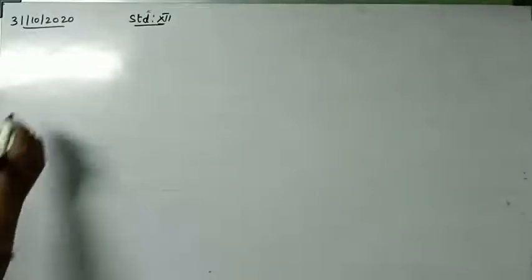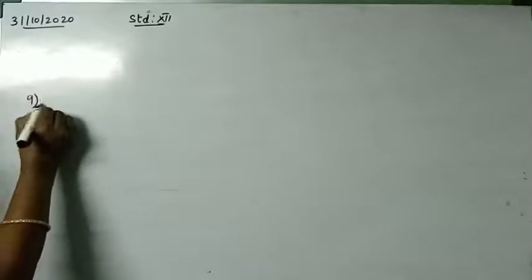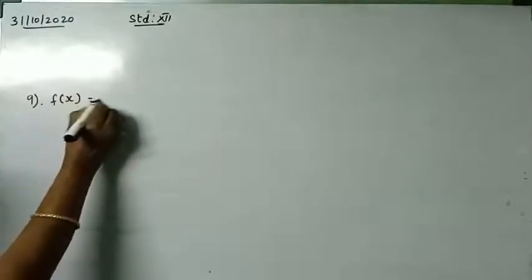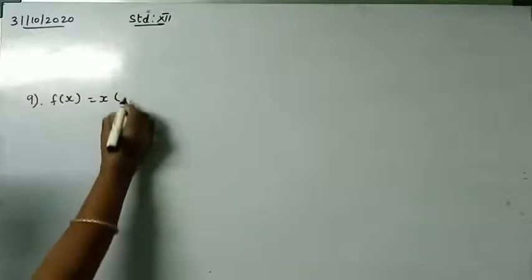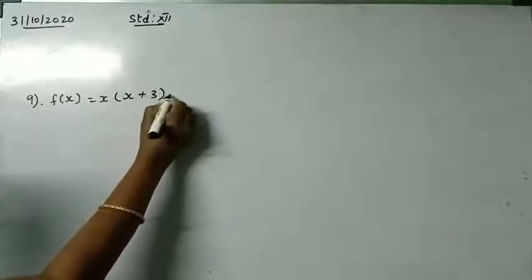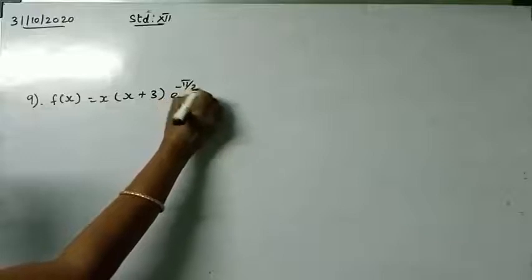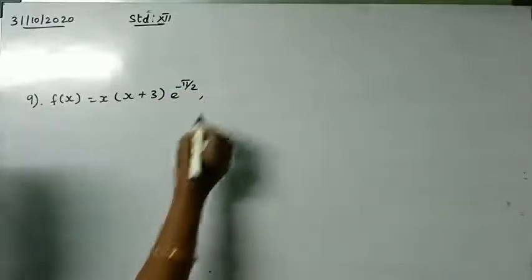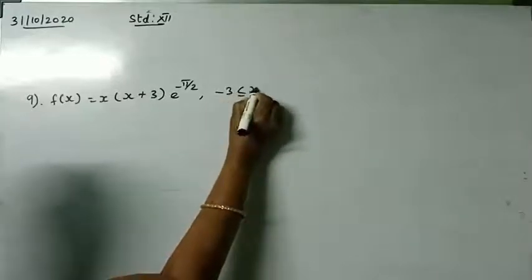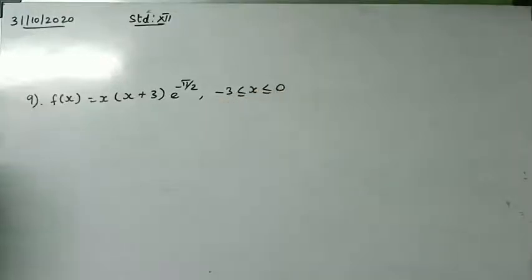For that, first let me take f of x equals x into x plus 3 into e power minus pi by 2, where minus 3 is less than or equal to x less than or equal to 0.